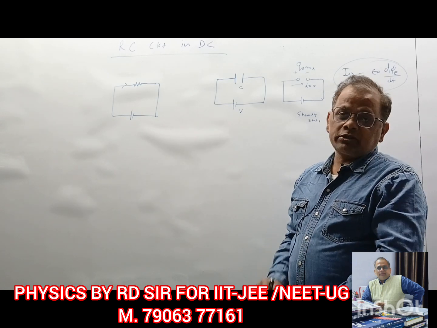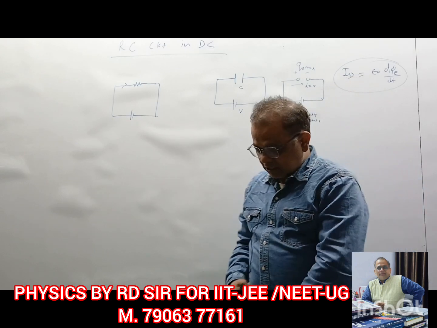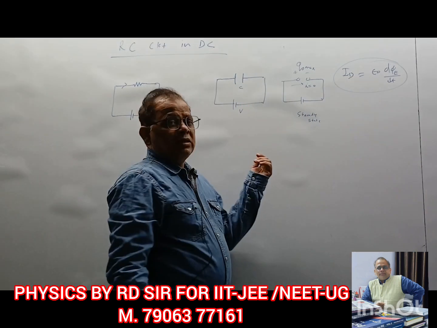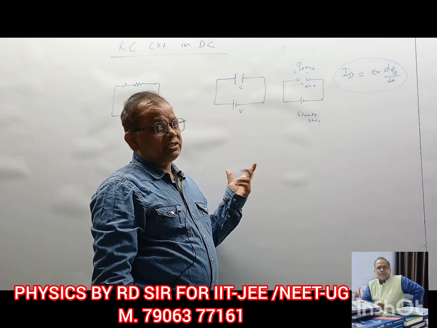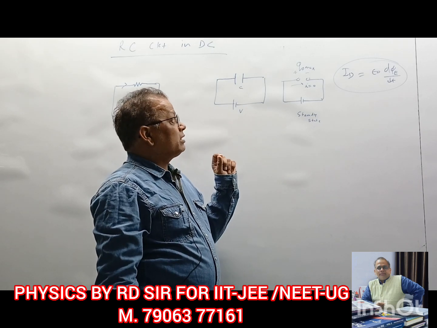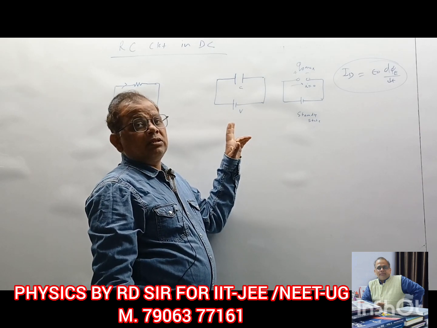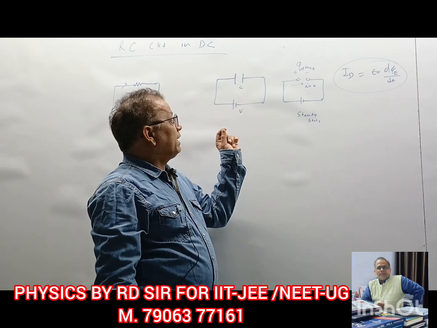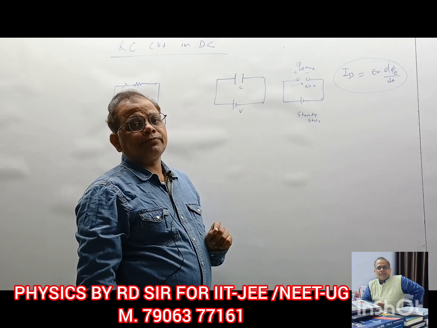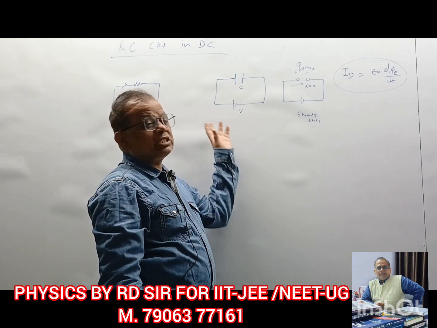So, how does it work? Let us discuss some properties of a capacitor. A capacitor is a device which stores electrostatic energy and charge. If an uncharged capacitor is connected through a battery, it gets immediate full charge, because there is no resistance in the circuit.